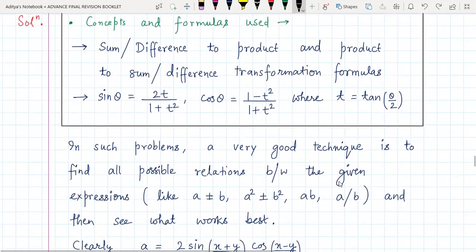Now, in such problems, I am telling you a very good and general technique that almost always works. The technique is to find all possible relations between the given expressions. So basically we are given a, b, c, right? So we can find a plus b, we can find a minus b, we can find a square plus b square, we can find a square minus b square, we can find a into b, we can find a upon b.